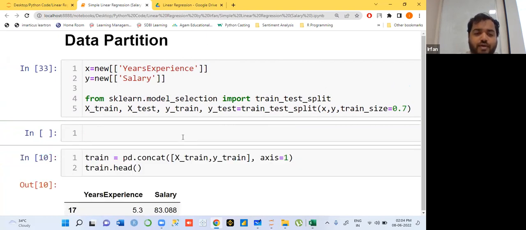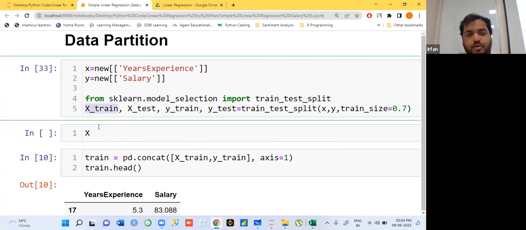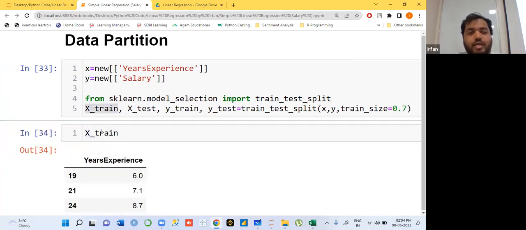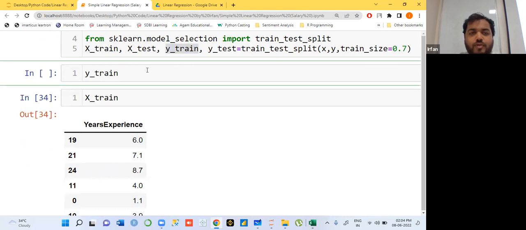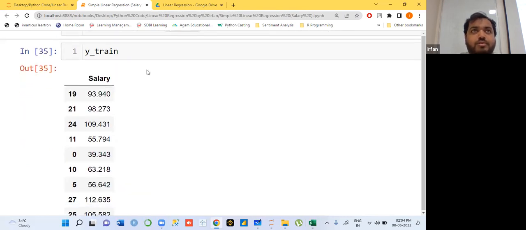Now what do we have in X test, can you see? What is in X train? Can I say we pick up data randomly? Can you see the row numbers? Can you see the data column numbers? Row numbers for Y? Can I say we pick up data randomly?